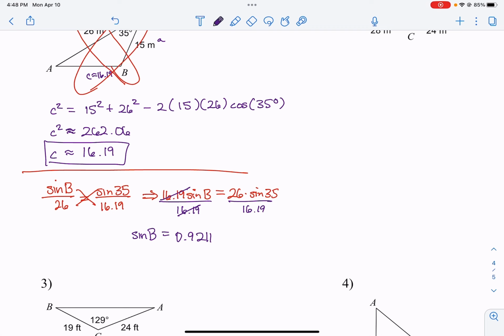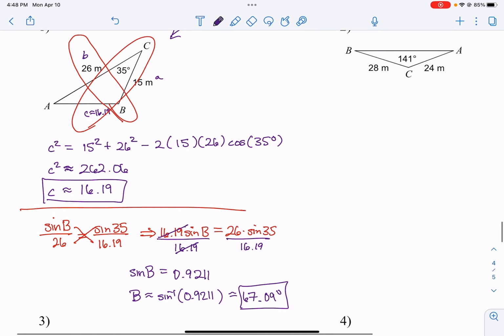And to get B, I have to take the inverse sine of that number, which is giving me an answer of about 67.09 degrees. So this kind of problem takes a good bit of work.